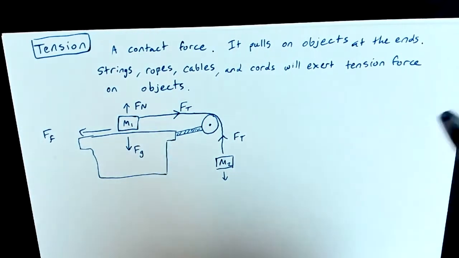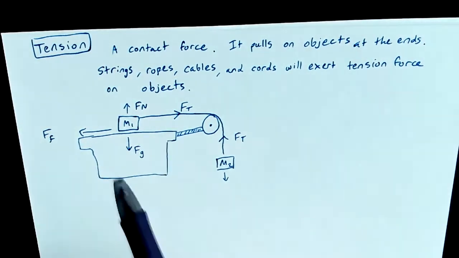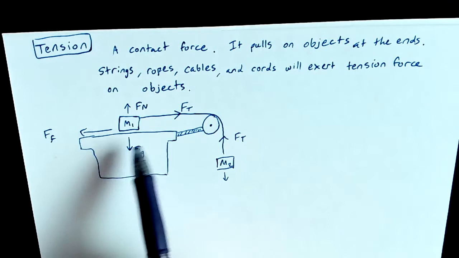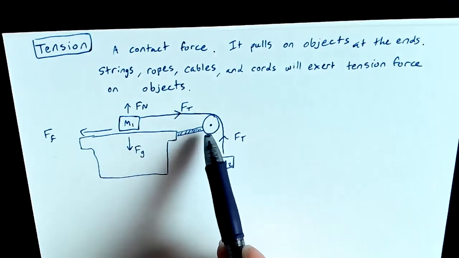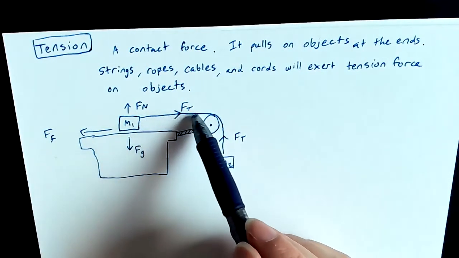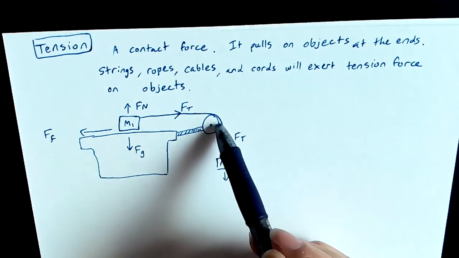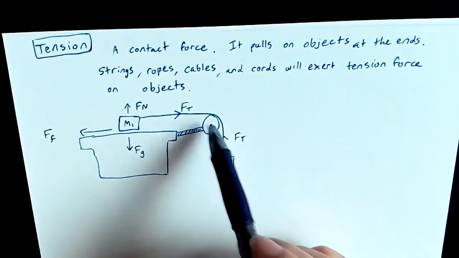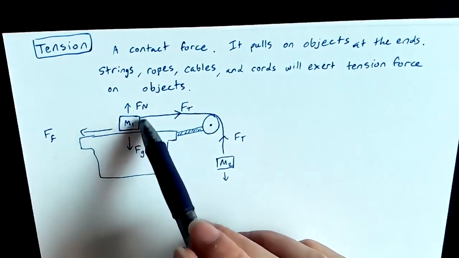And there's a tension force on the objects. So I drew this out. Here's a table, and attached to it is a pulley, kind of like a wheel. And you can attach a string or a cord over this pulley. And then on either end of the string, there is an object.